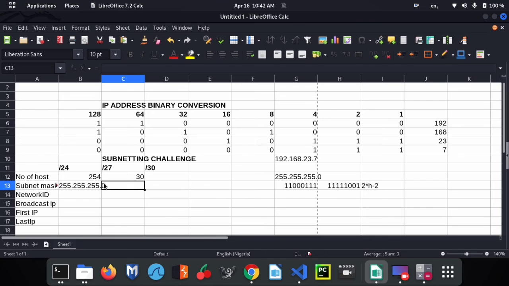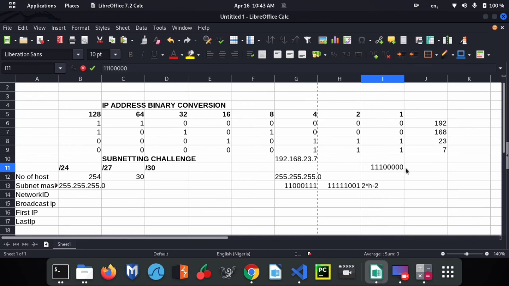To get the subnet mask, like we said, we have 255.255.255, and the last octet is usually 8 bits, like we said earlier, and it goes like 111, and the rest is zeros. So we have 3 ones and 5 zeros.